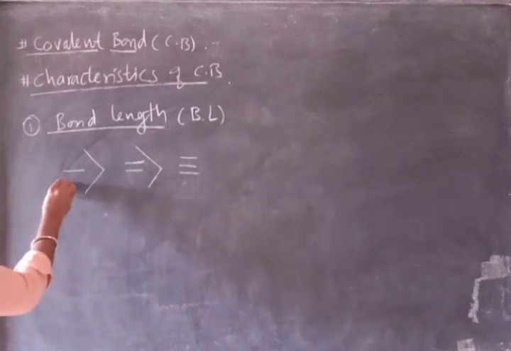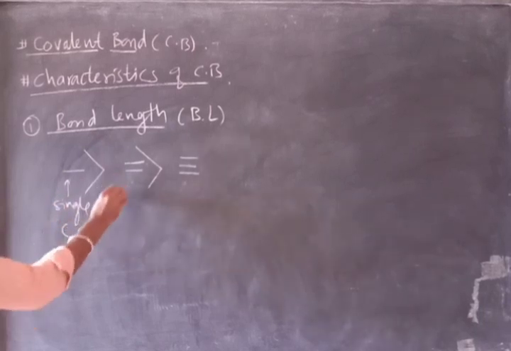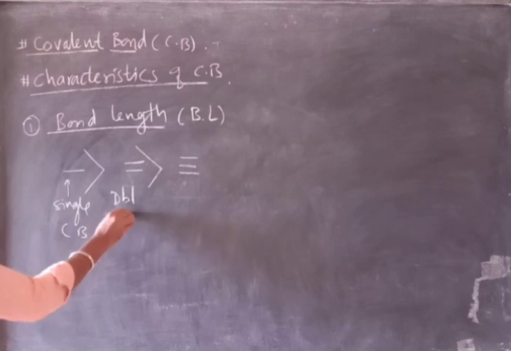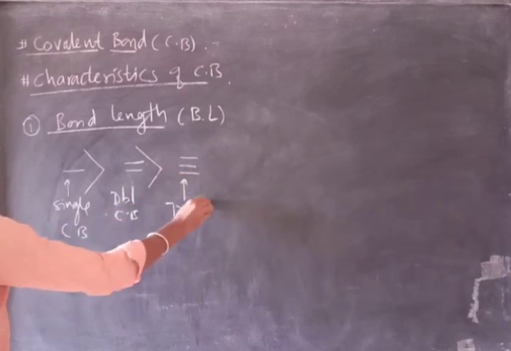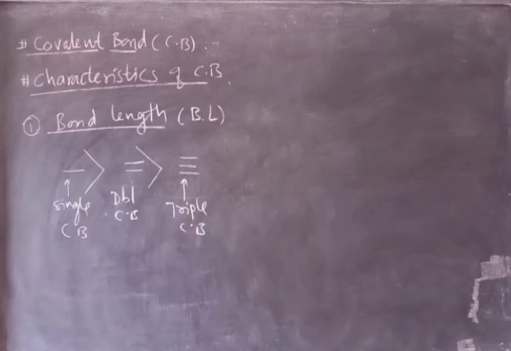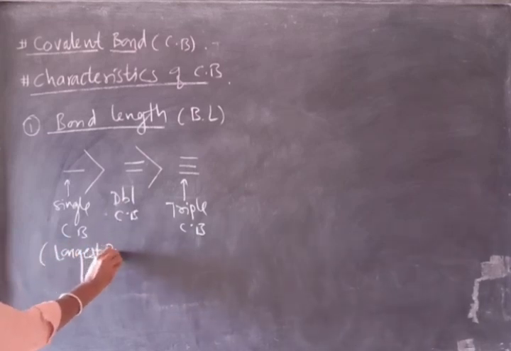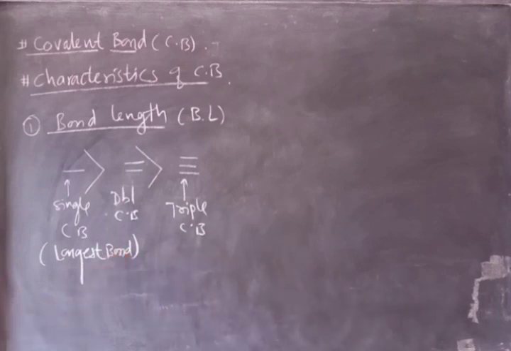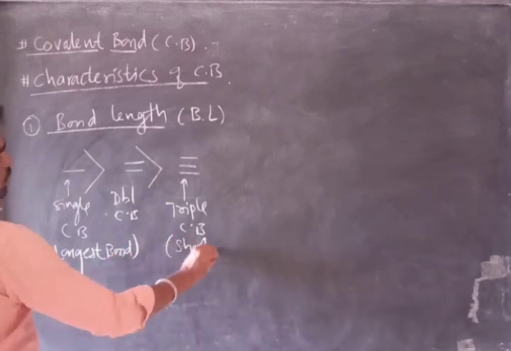This is the single covalent bond, this is the double covalent bond, and this is the triple covalent bond. So here we get the idea that the single bond is the longest bond, and the triple bond is, we can simply say, the shortest bond.